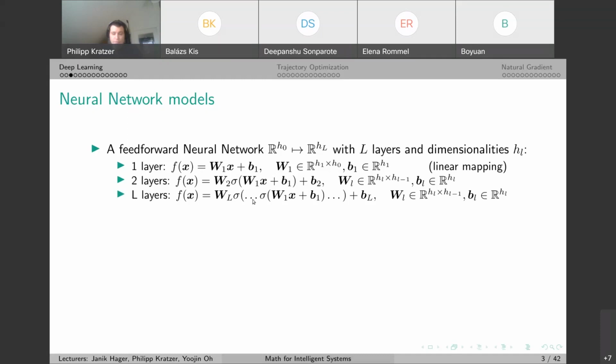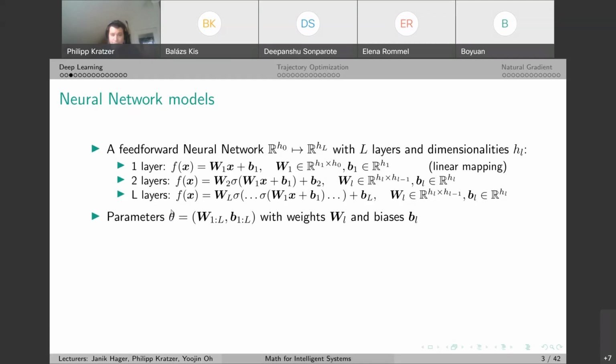We can do this multiple times for many layers, and typically in deep learning, we will have a lot of layers. The parameters theta are all our W's, all the matrices, and all the bias vectors.